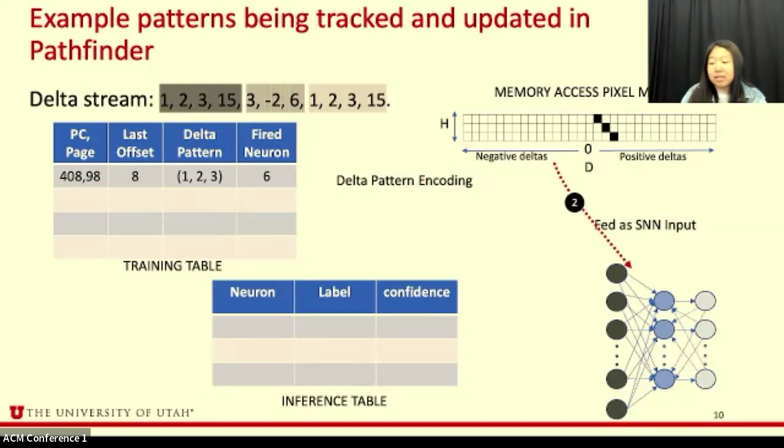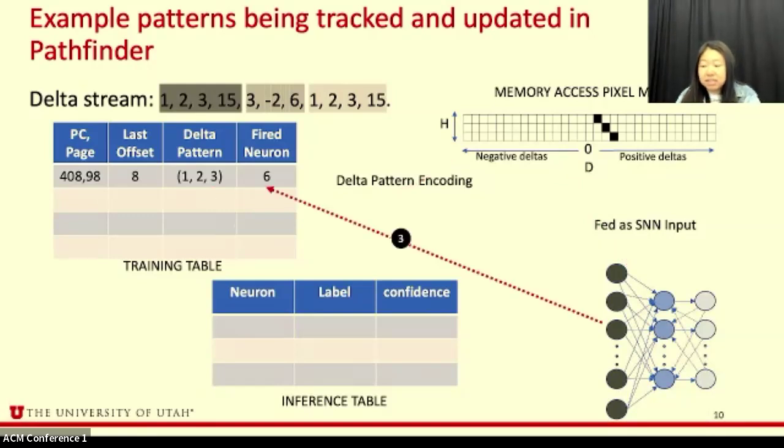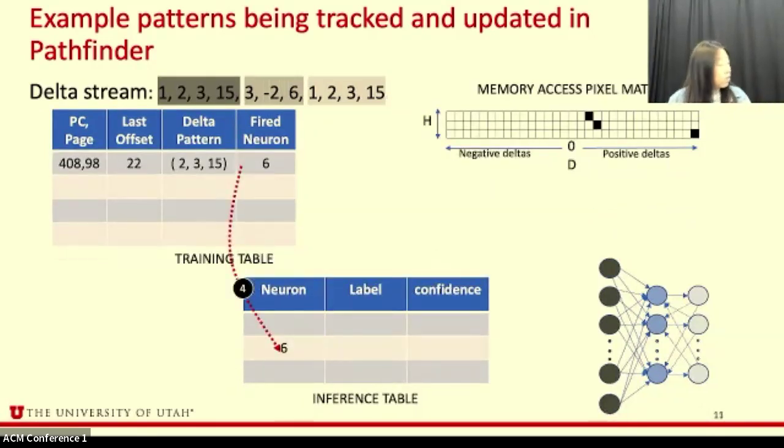The SNN has a neuron firing, which is 6 in this example. For this pattern, we update the corresponding entry in the training table and also in the inference table. At that moment, there is no label for neuron 6 yet, so we won't make a prediction at this point. We will label it a bit later.